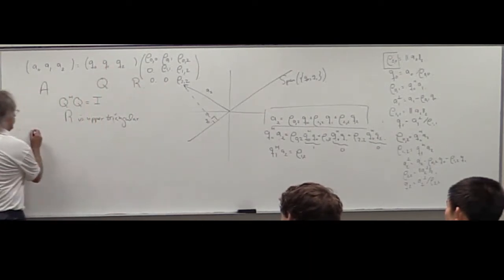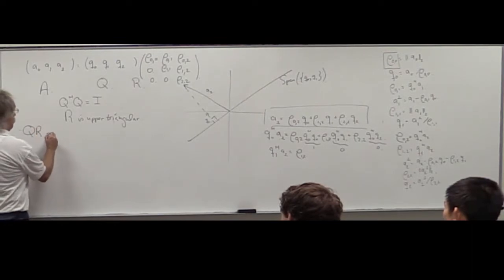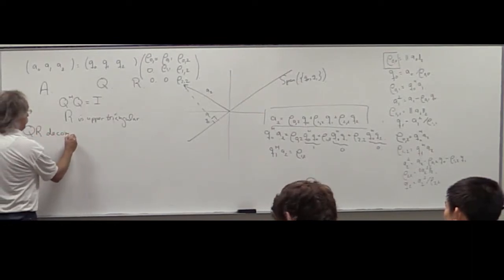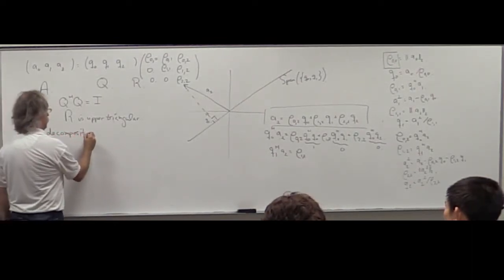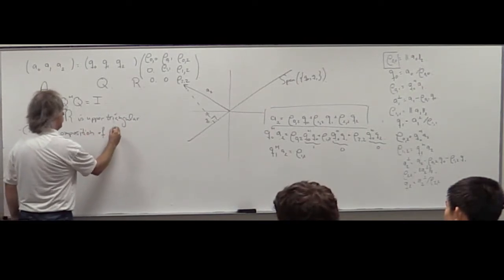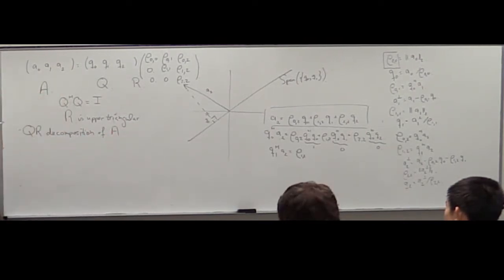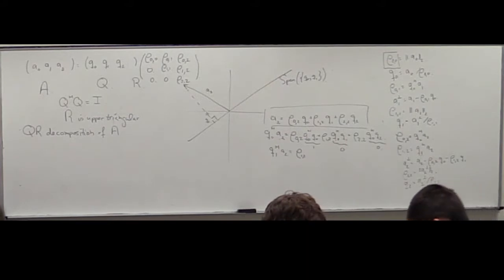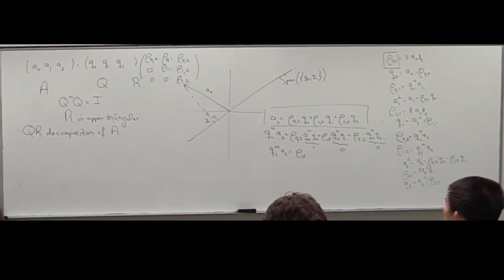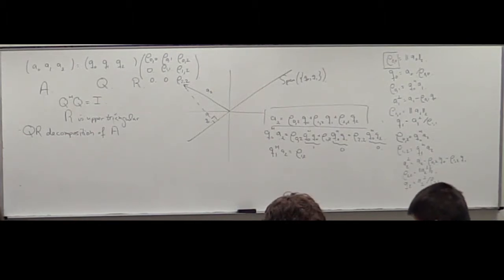So this is known as the QR decomposition of matrix A. It actually exists if the columns are linearly dependent as well, but let's not go into that little detail. Okay? It always exists. There's always a QR factorization of a matrix.